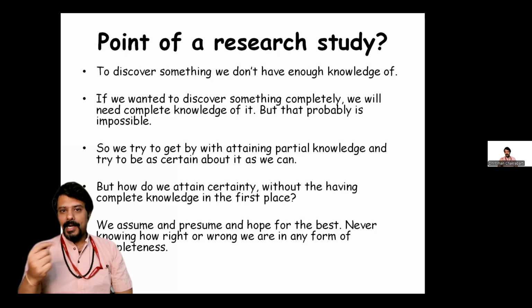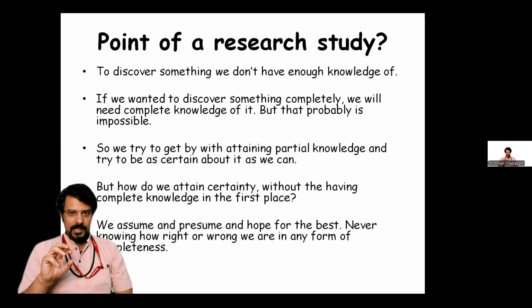So what we can try to do to get around that, as is the common thing in the scientific community, is we try to take a sample from the population and we try to extrapolate whatever findings we have to the population. So basically we get partial knowledge from the sample, and we try to extrapolate it to the entire population with certain checks and balances.